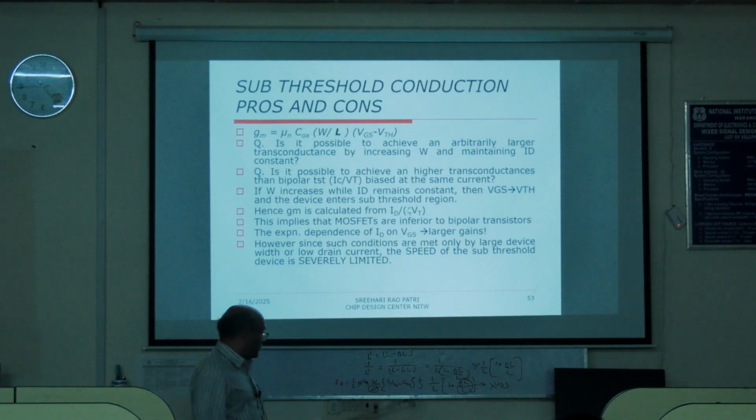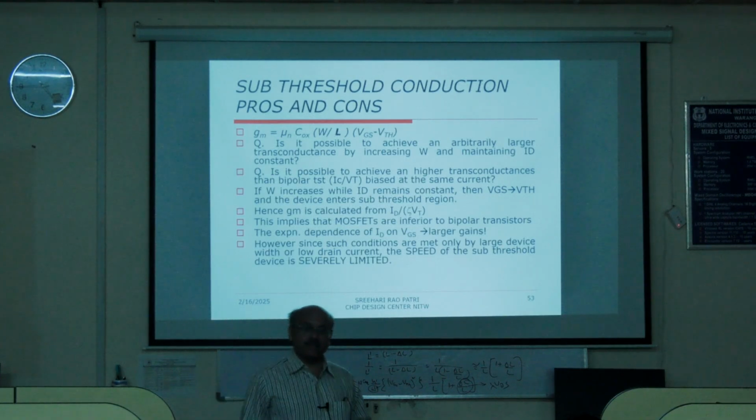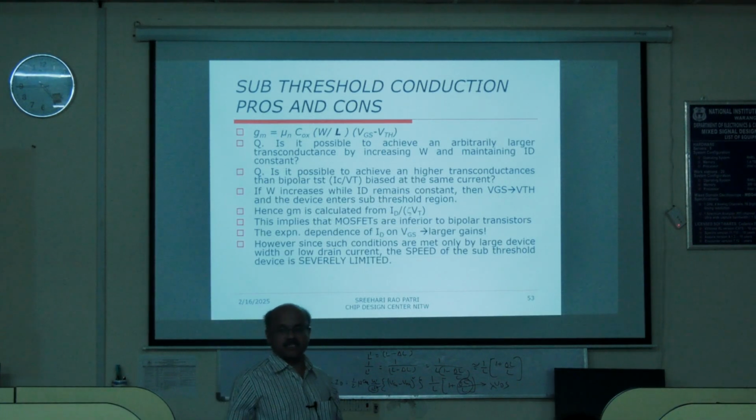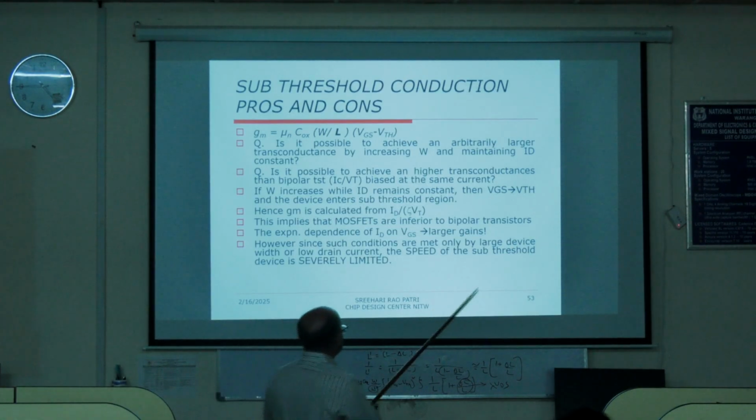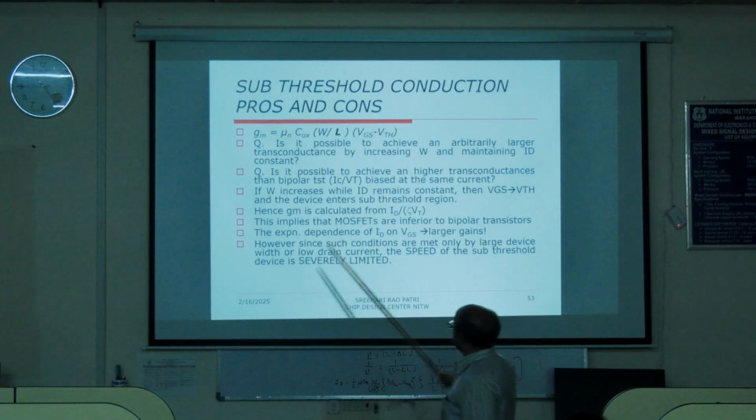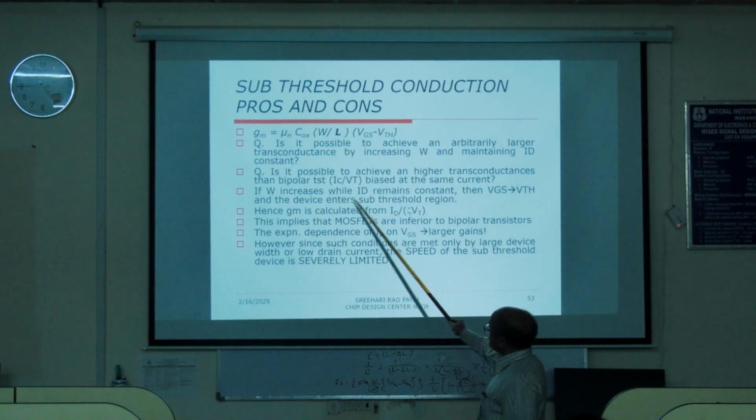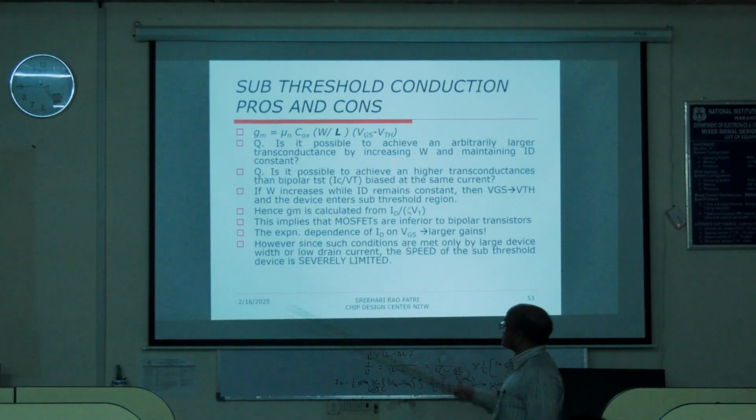When V threshold is constant and I try to decrease VGS, it may approach V threshold, and if I try to further do it, it may go below V threshold. When it goes below V threshold, that is sub-threshold conduction. So the device enters into sub-threshold conduction.